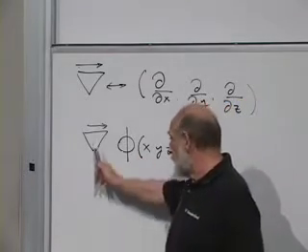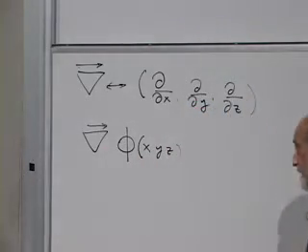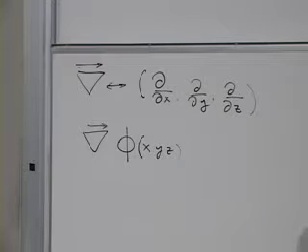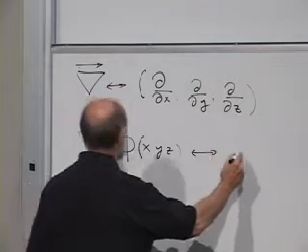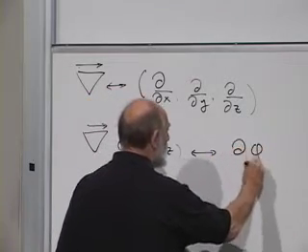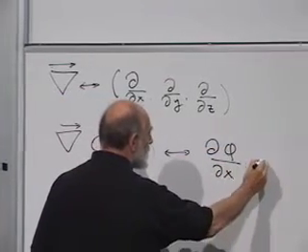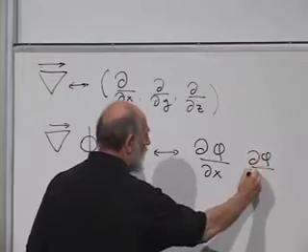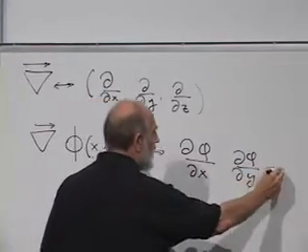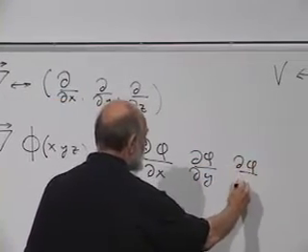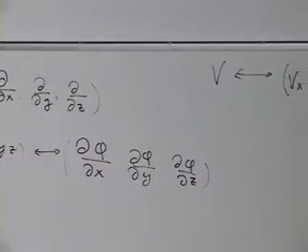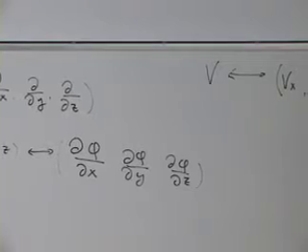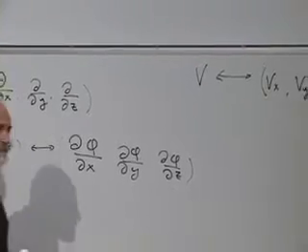Phi is not a vector, but del phi is a vector. And what are the components of the vector? The components of the vector are just the derivative of phi with respect to x, derivative of phi with respect to y, and derivative of phi with respect to z. So it creates a vector from a scalar. That's one example of the use of del.